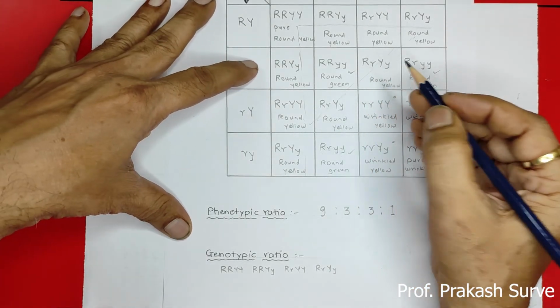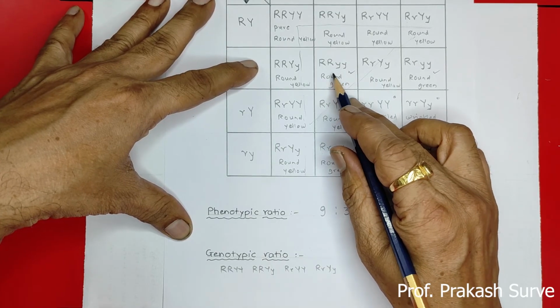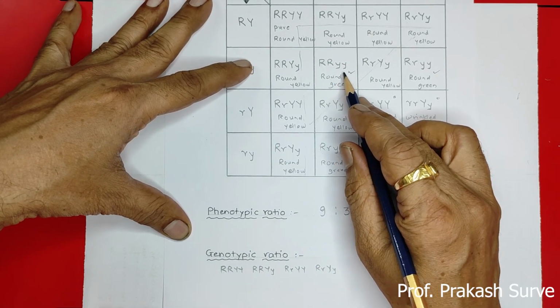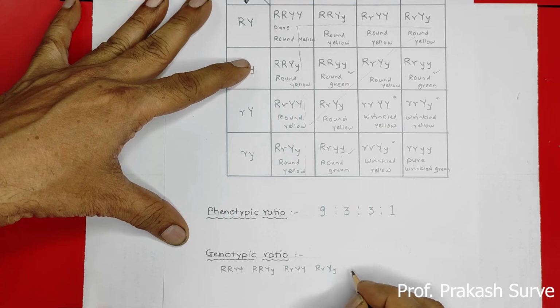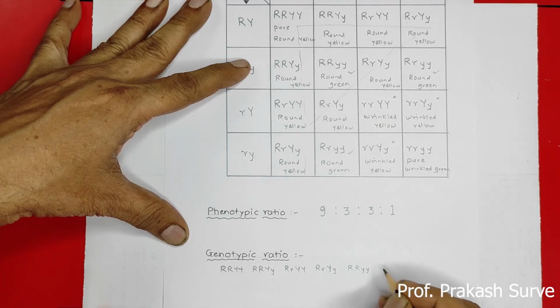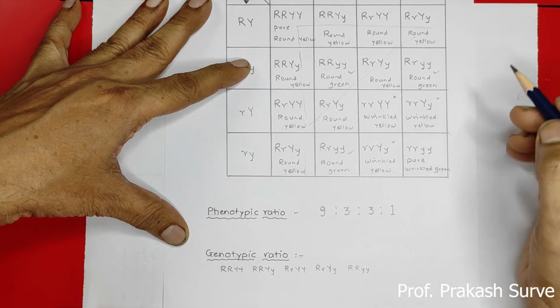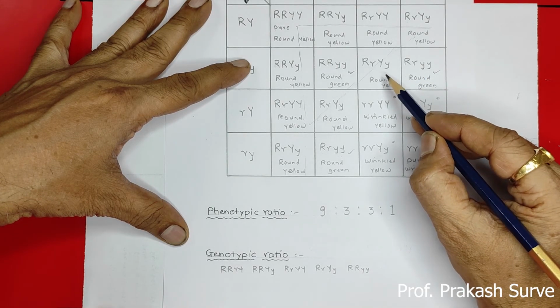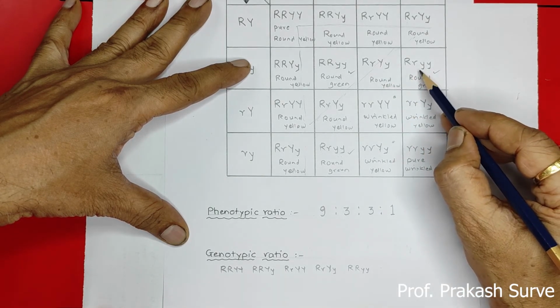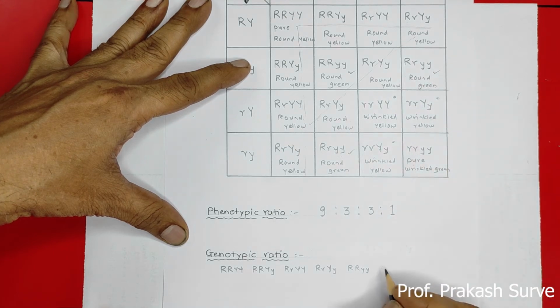Next, what we get here, capital R, small y, small y. Capital R, small y, small y. Next is capital R, small y, small y.